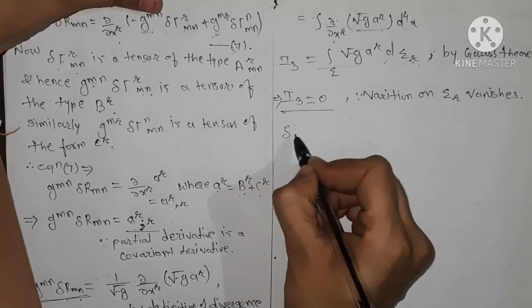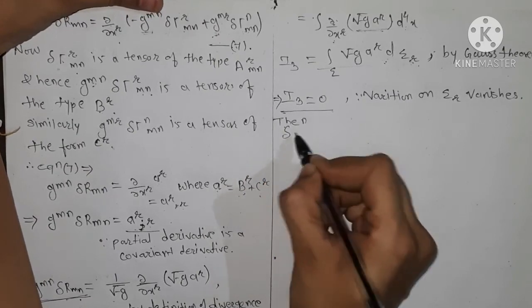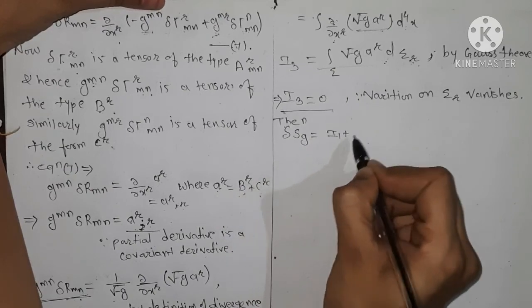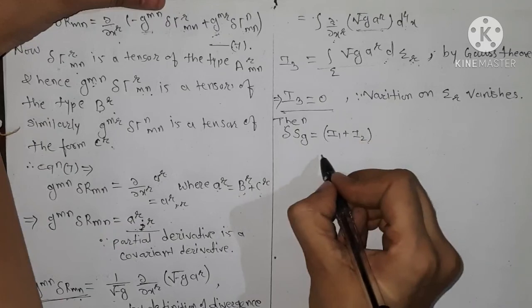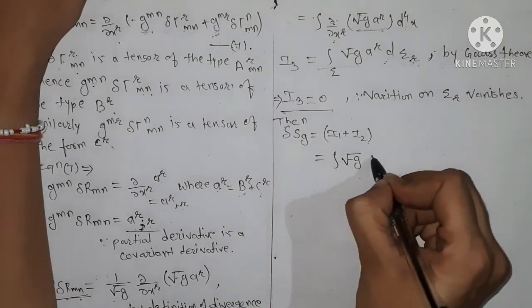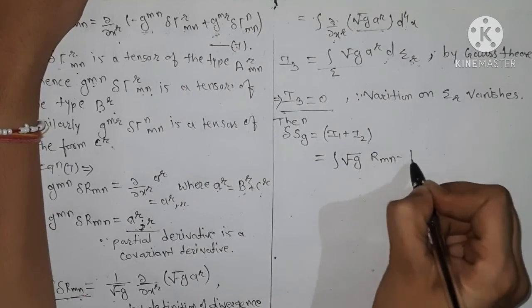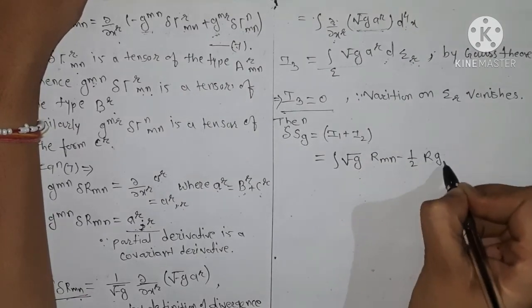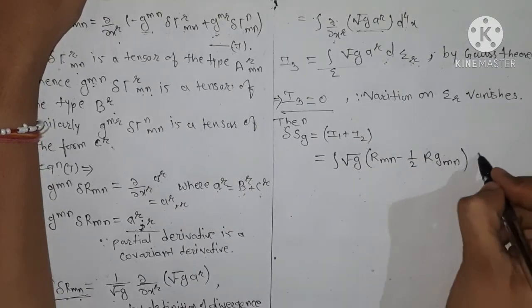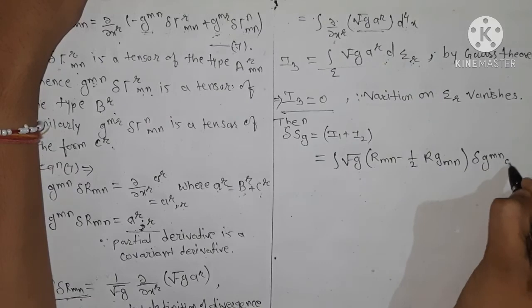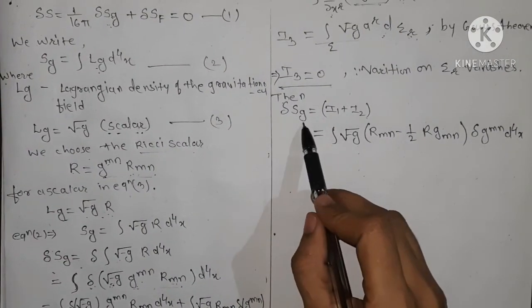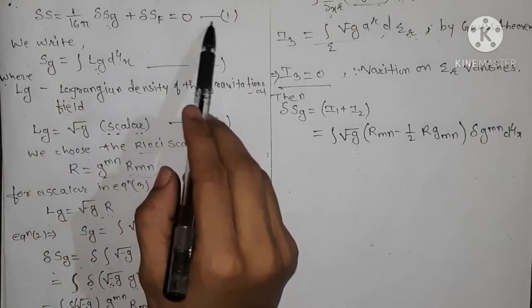Then δS_g is equal to I1 plus I2, and this is equal to the integral of under root of minus g, R_{mn} minus 1/2 R g_{mn}, δ of g^{mn} d^4x.